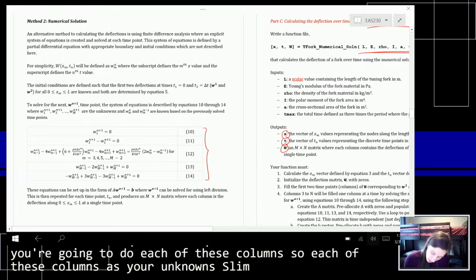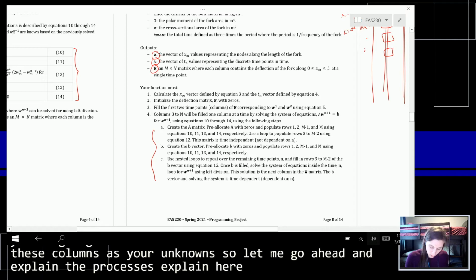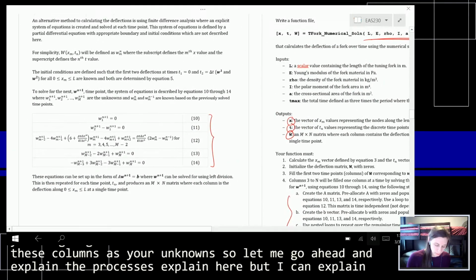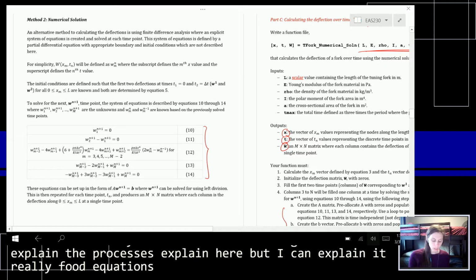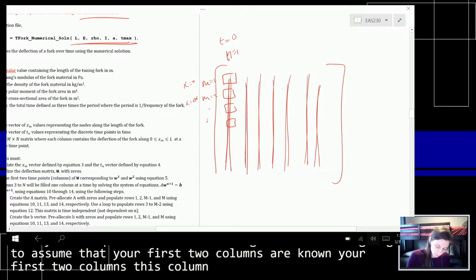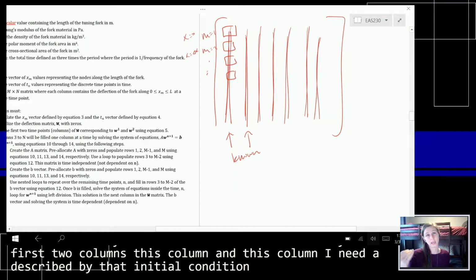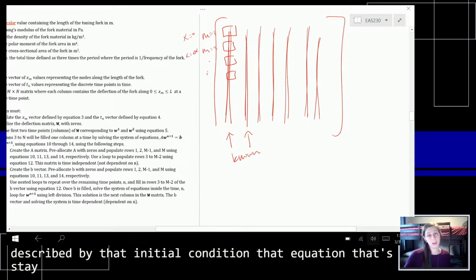Okay, so let me go ahead and explain. The process is explained here, but I can explain it really through the equations. First things first, we are going to assume that your first 2 columns are known. These are described by that initial condition, that equation that's stated in the introduction video.